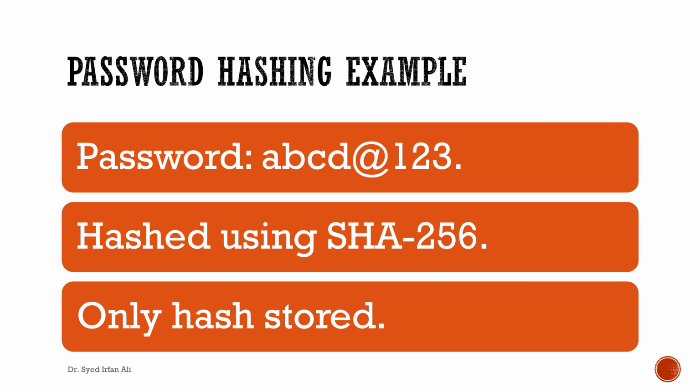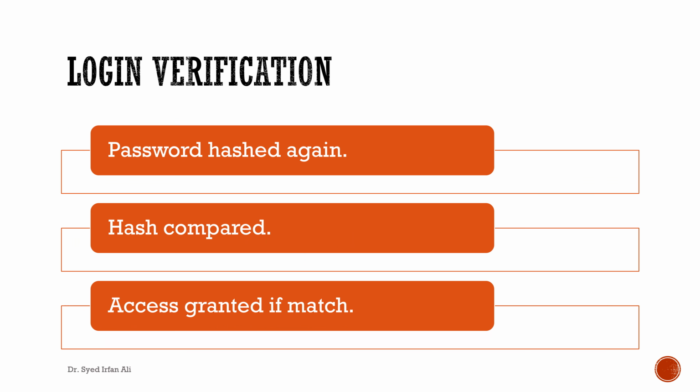For example, the user enters the password ABCD@123. This password is hashed using an algorithm like SHA-256. Only the hash value is stored in the database, not the actual password. During login, the entered password is hashed again.